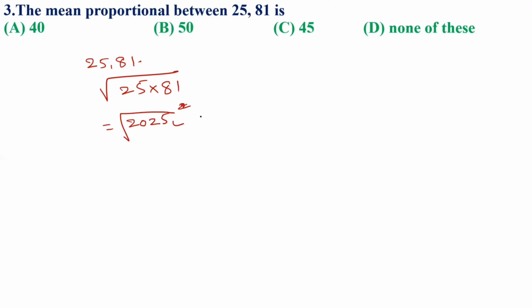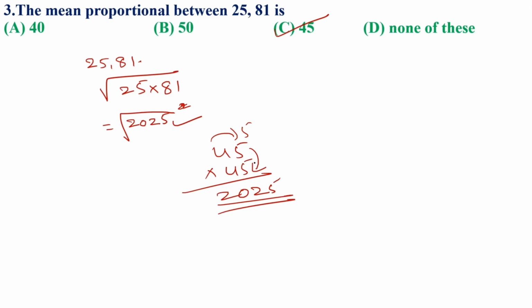What is the square root of 2025? 45. How? 45 into 45. Any number that ends with 5, the square of a number ending with 5: keep 25. 4 next number 5, 4 into 5 is 20. So 20, 25. So the answer is option C.